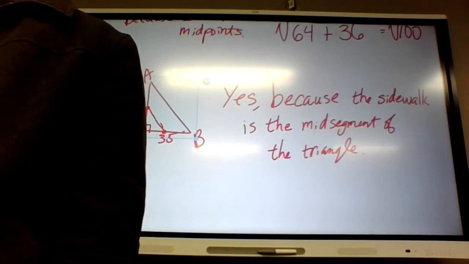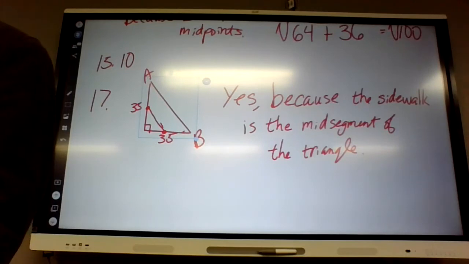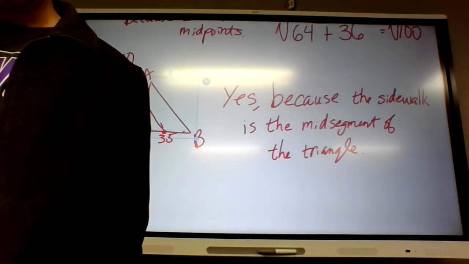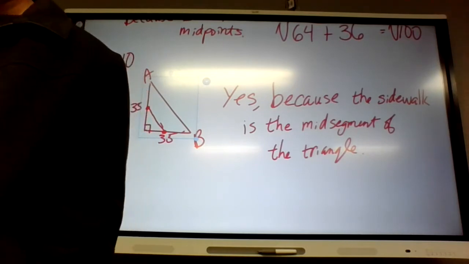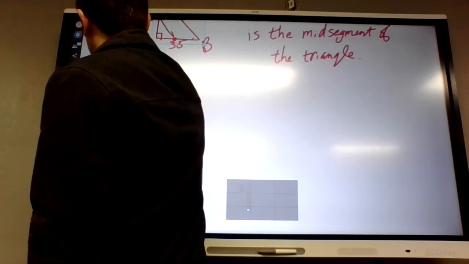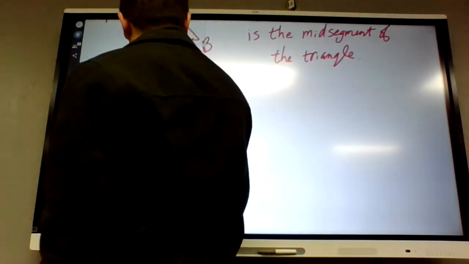19. Write an expression for each measure if P, Q, and R are the midpoints. Okay, I probably should draw this. Darn it. Do a good one.